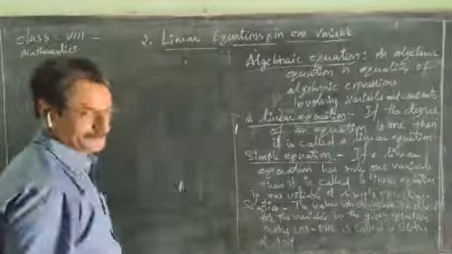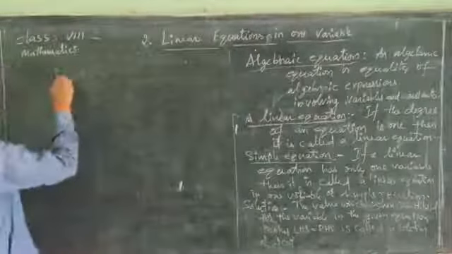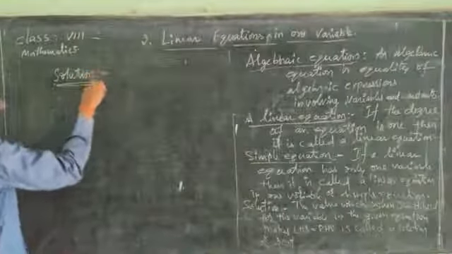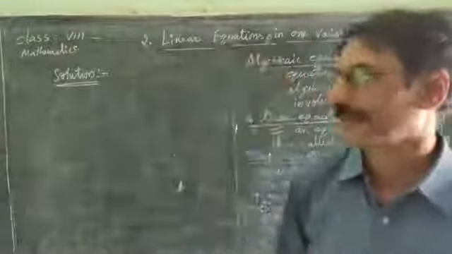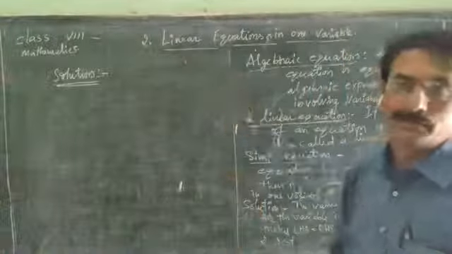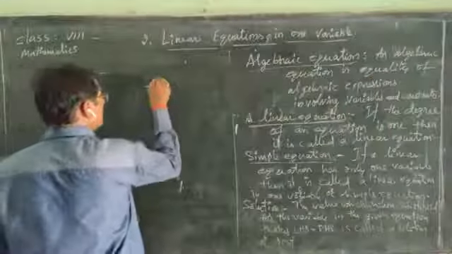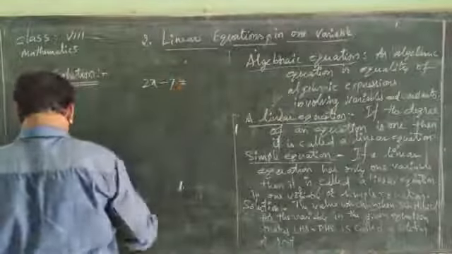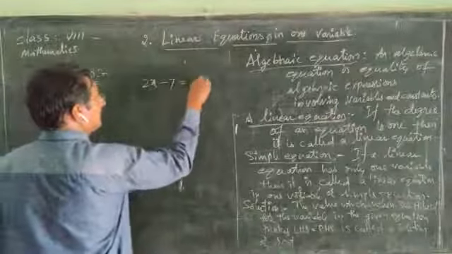Next, solution. What is a solution? We already observed one example before, 2x minus 7 equal to 35.